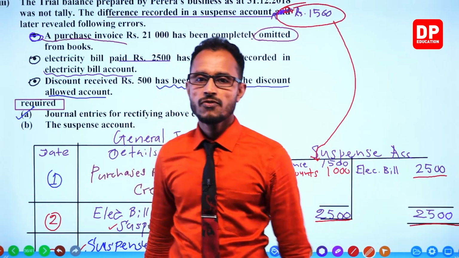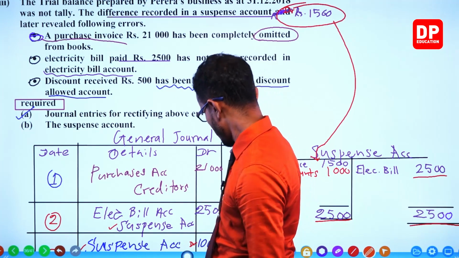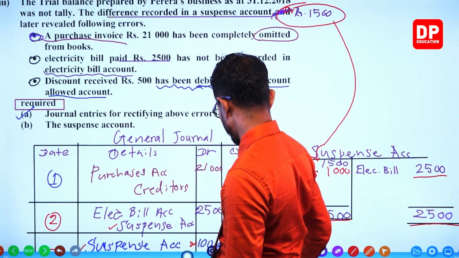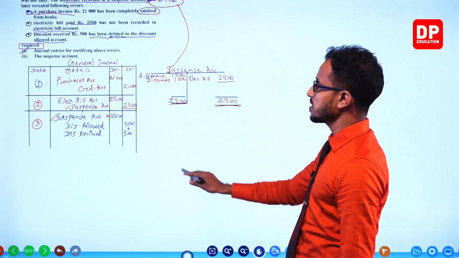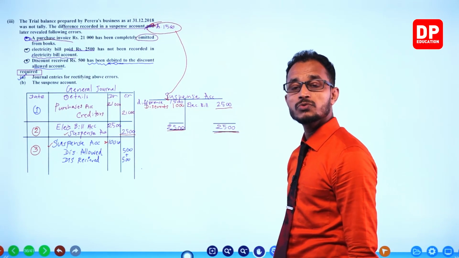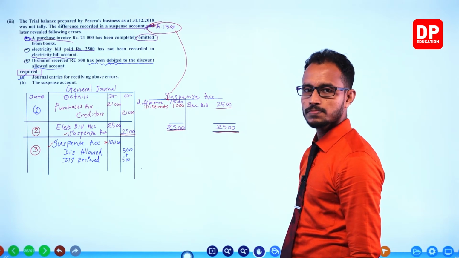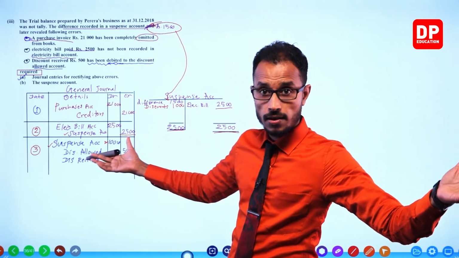Suspense account cancelled off. This is your suspense account with the correction of errors. Voila. Next question.